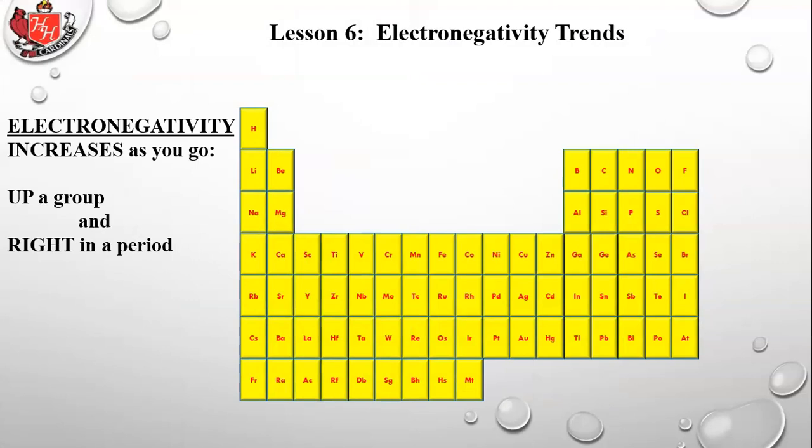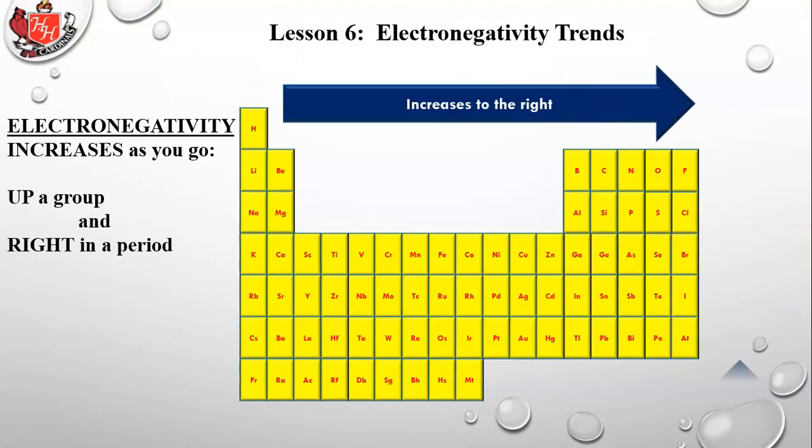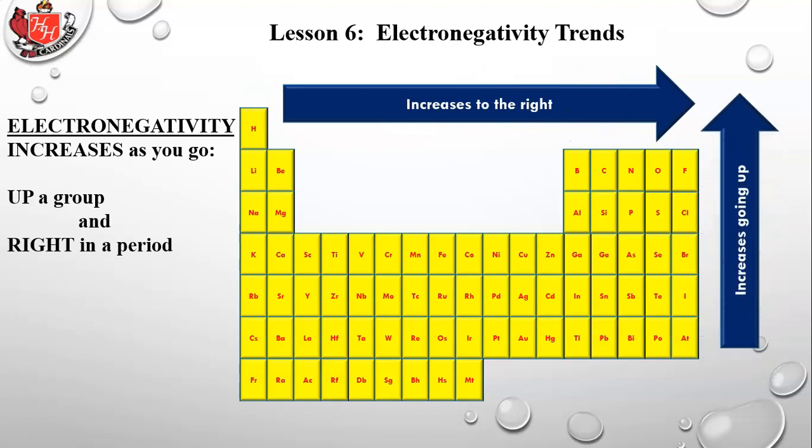So let's look at the trend. Electronegativity increases as you go up a group and to the right in the periodic table. It's exactly the same as ionization energy. So the atoms in the upper right hand corner of the periodic table, fluorine, oxygen, chlorine, have high electronegativities. They really like to pull in electrons from the outside. Whereas the ones over on the left hand side, all the alkali metals, lithium, sodium, potassium, rubidium, they don't like to pull in outside electrons.